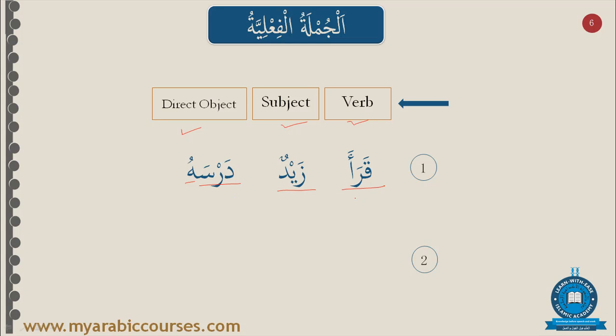So the verb in this sentence is qara'a, and the verb to read does not need a preposition between the subject, that is the subject Zaid, and the lesson in which Zaid was able to read. That is why we call it a direct object. No preposition available between Zaid, the subject, and Dars, the object.